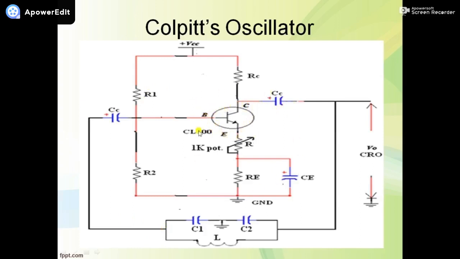This is how the frequency of oscillation is generated by using circuit 1 and circuit 2.